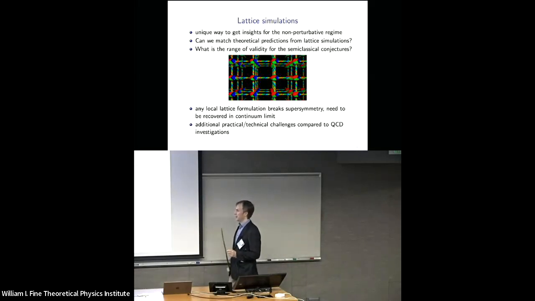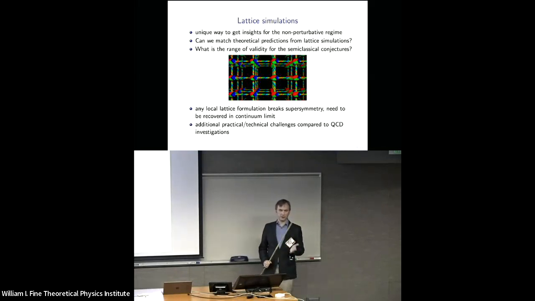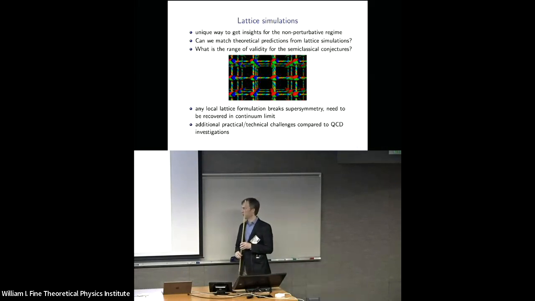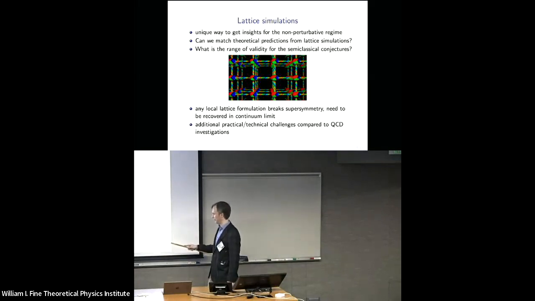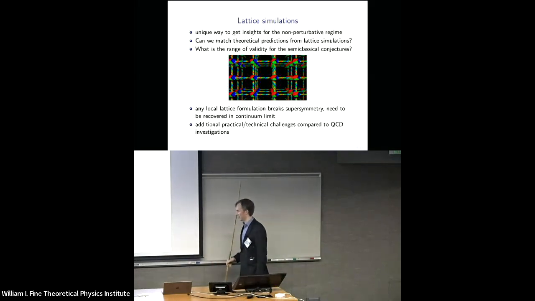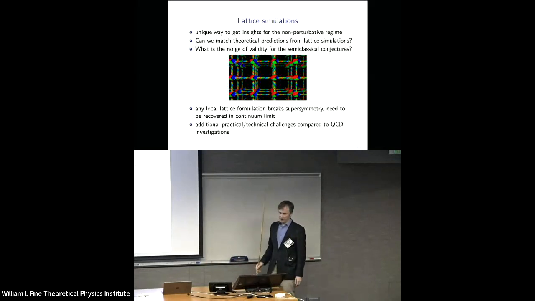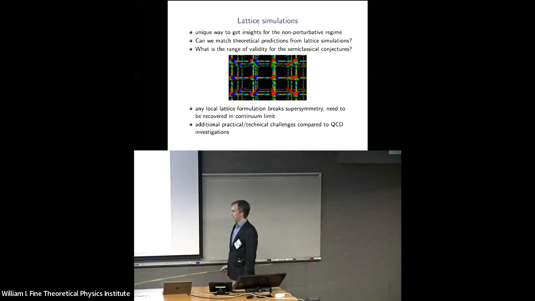The problem here is that if you formulate the theory on the lattice, any kind of local lattice formulation breaks supersymmetry. This is unavoidable, so it can only be recovered in the continuum. And in addition, there are some additional practical and technical challenges.